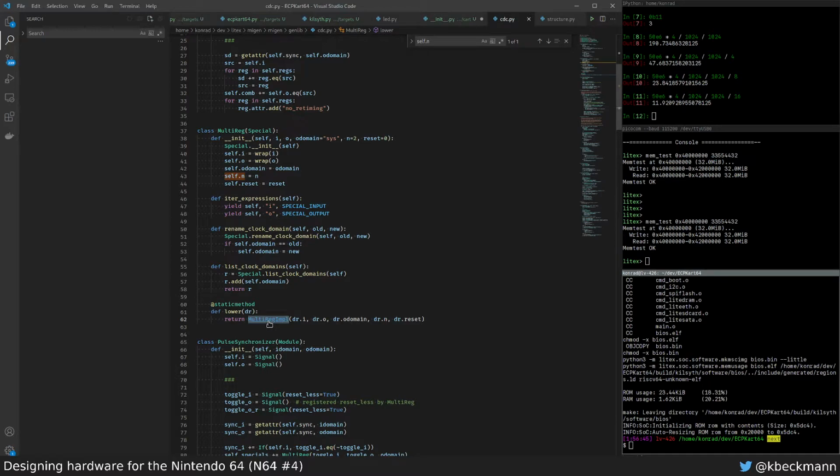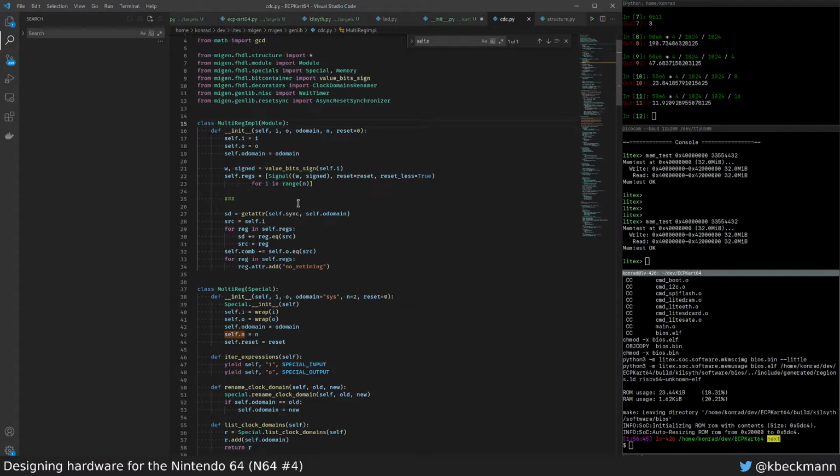So this is the actual implementation. Okay. So it creates a register for each N, and then it forwards the signal. Yeah. That makes sense.